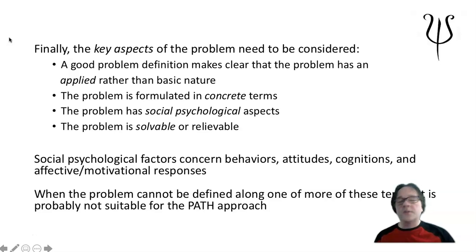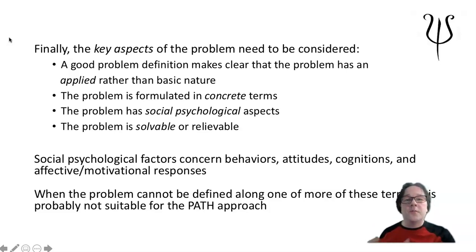Okay, so social psychological factors, of course, include behavior, attitudes, cognition, affect, and motivational responses. If we're going to be addressing a societal problem, it's going to focus on these social psychological aspects.